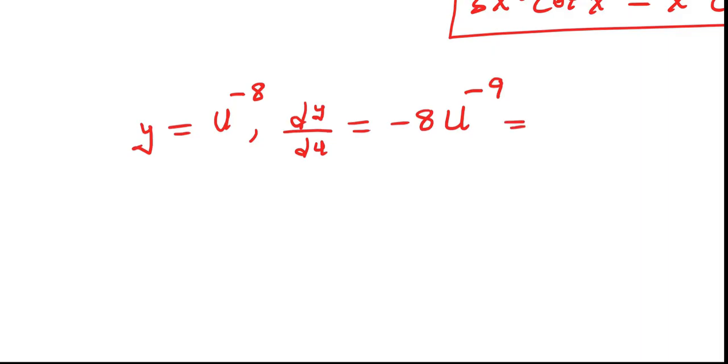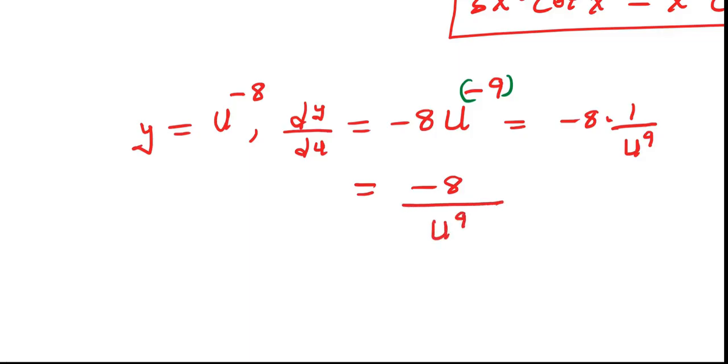To remove the negative sign, we can write this as negative 8 times 1 over u to the power of positive 9, which is negative 8 over u to the power of 9. So this is the derivative of y with respect to u.